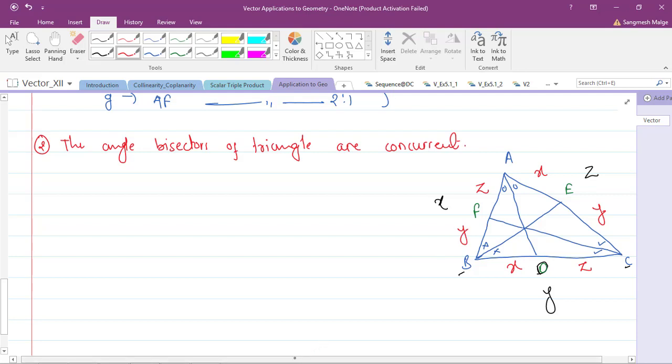Now let's make use of this and let's find out the values of F bar, D bar and E bar.